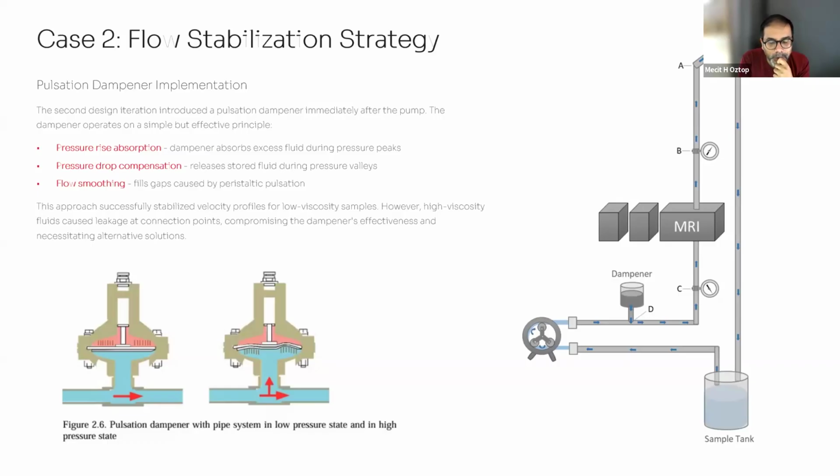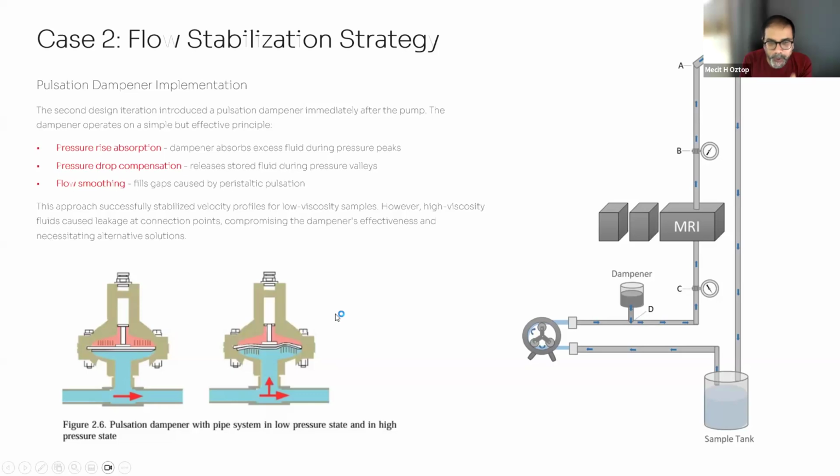However, we also suffered some problems when we had high viscosity samples, for instance, a fluid like a xanthan solution. The dampener's pressure should also be tolerable, and we were not able to have the effectiveness we wanted.